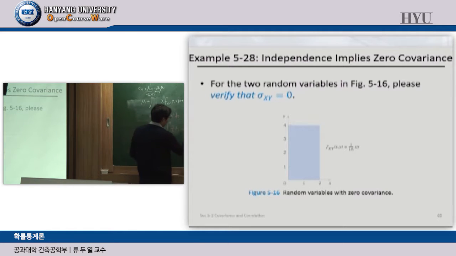And that is equal to 1 over 6 by 1 over 2 by y squared from 0 to 4. So that is equal to 1 over 6 by 16 over 2.